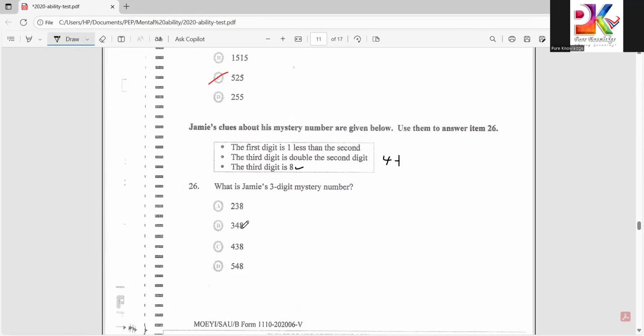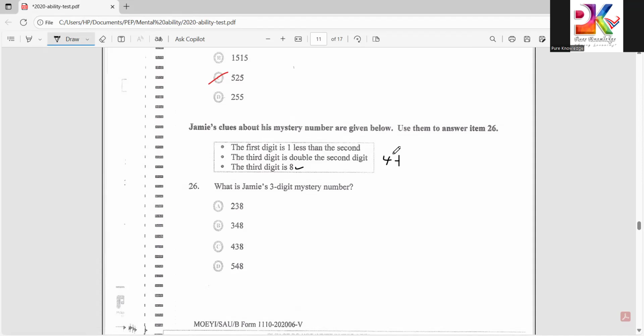All right? So right away we know that this is B. Because B is the only second. No, I lie. We have a 4 here, so it's either between B and D. Then it says the first digit is 1 less than the second digit.